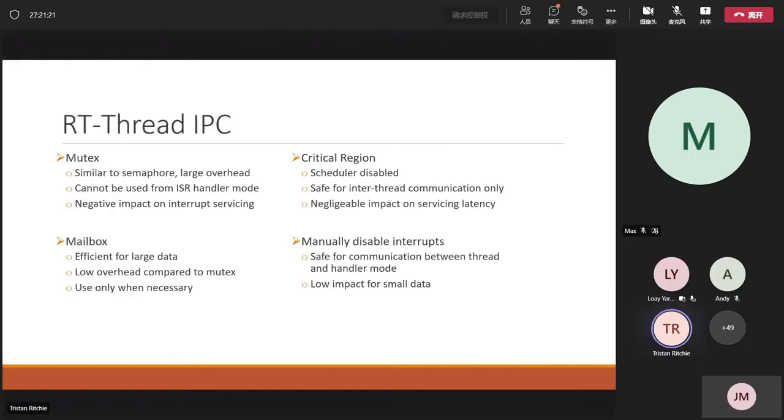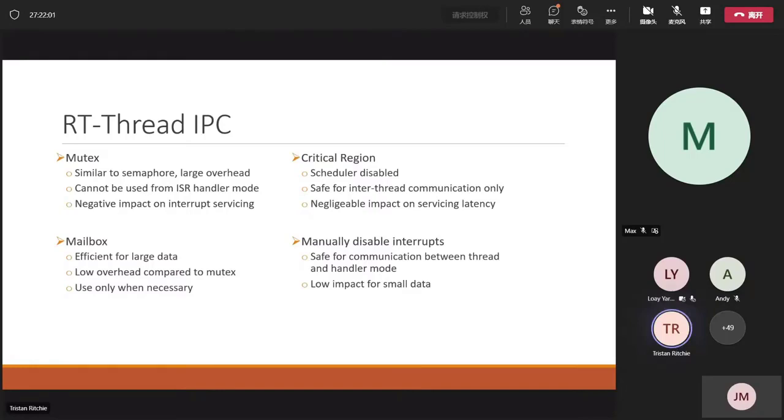When it comes to inter-process communication, there are quite a few options available to us in RT-Thread. Since manipulating concurrency primitives, like synchronization primitives, requires interrupts to be disabled, it is important to try to understand the performance implications of each of these methods. Perhaps the most traditional method of moderating access to a shared memory resource is to use a mutex. Now, this is similar to a semaphore in that it has quite a sizable overhead.